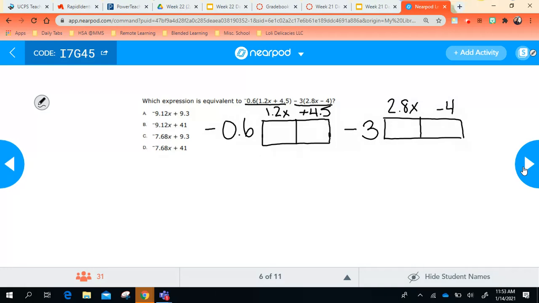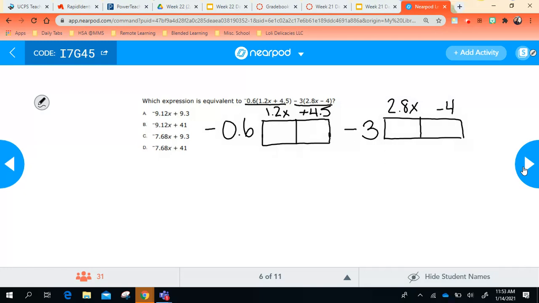But don't forget to check it using your calculator. Why? Because we're finding that a lot of you are mixing up your addition sign rules with your multiplication sign rules. And so we end up with different signs than what we're supposed to. So it doesn't hurt to check in your calculator real quick.